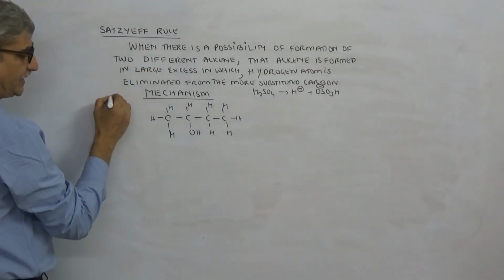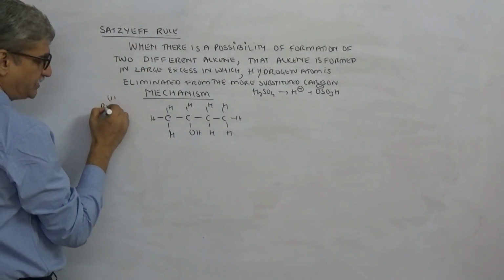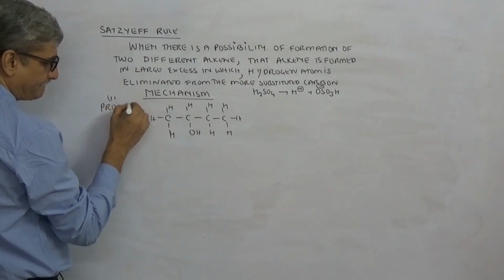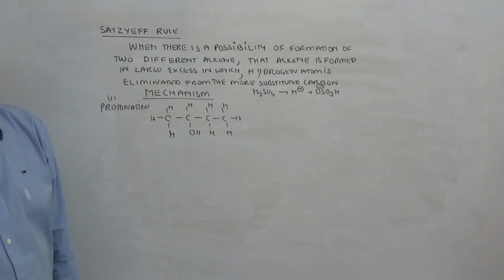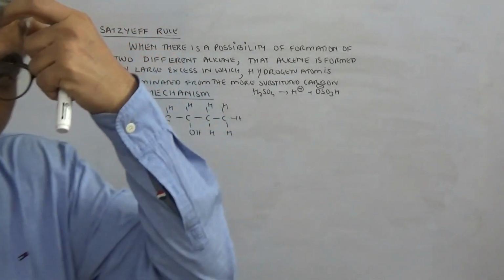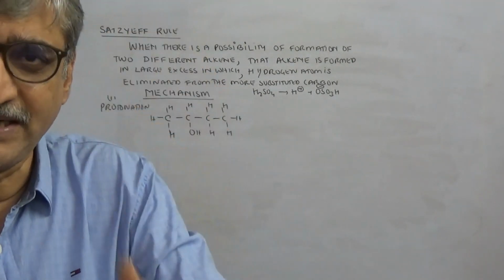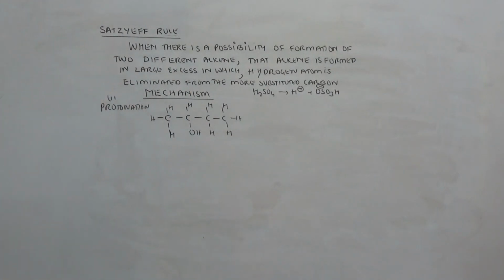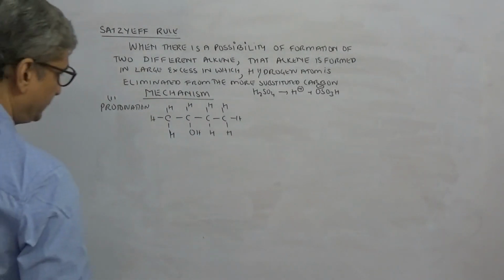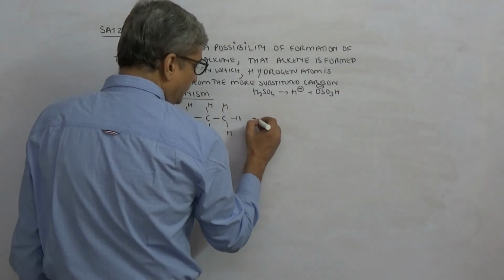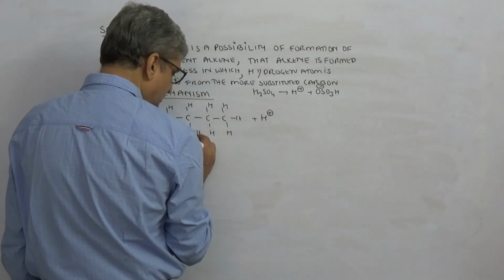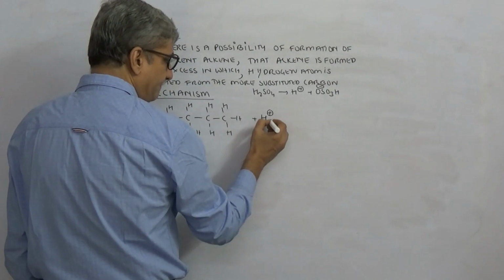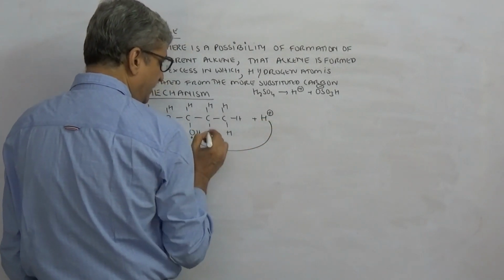Step 1 of the mechanism, so this itself is a question on its own. What is step 1? It is protonation. This was asked in one of the exams. The step 1 of dehydration of alcohol is protonation, addition of proton; it's a multi-step reaction. When you add a proton, H plus, this oxygen has a lone pair of electrons, so it is going to attack over here.